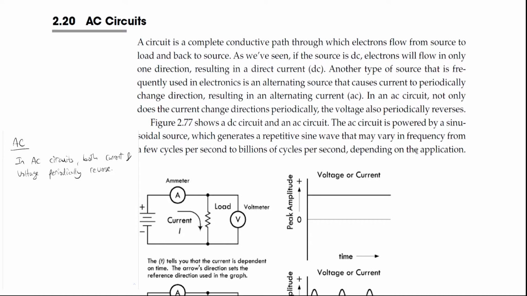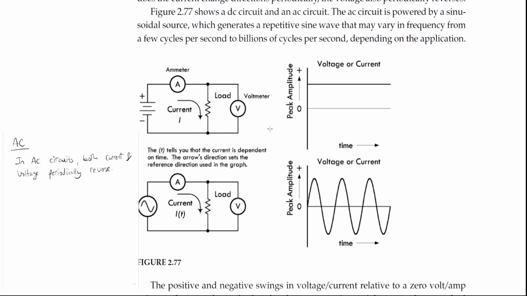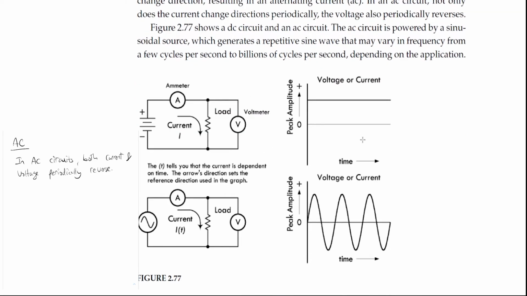Okay, so figure 2.77. Which one? Okay, all of this shows a DC circuit and an AC circuit. The AC circuit is powered by a sinusoidal source, which generates a repetitive sine wave.